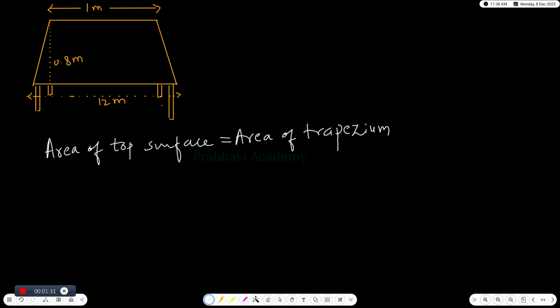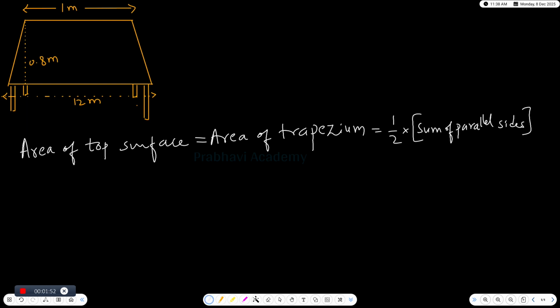and area of trapezium, we know the formula: half into sum of parallel sides into height.